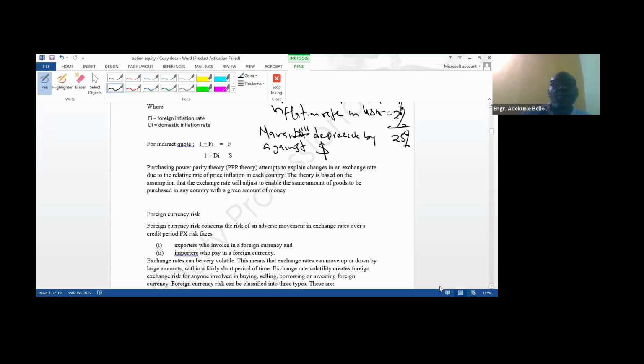All right. This risk, the foreign currency risk, faces an exporter who invoices in foreign currency, or importers who pay in foreign currency.